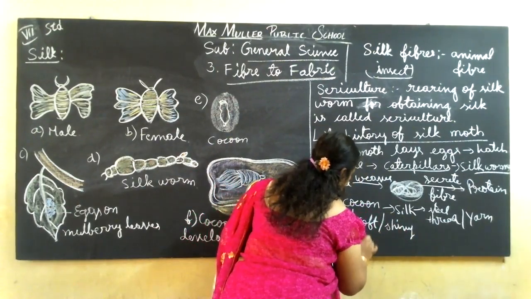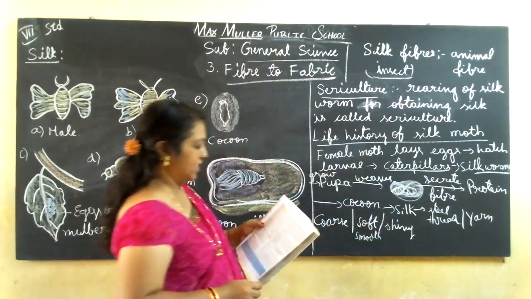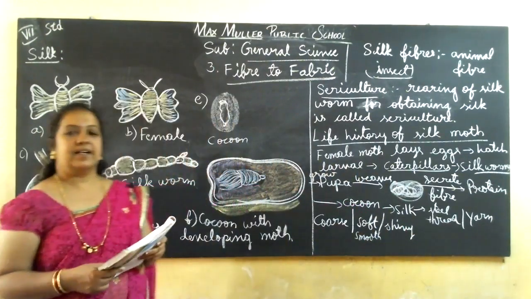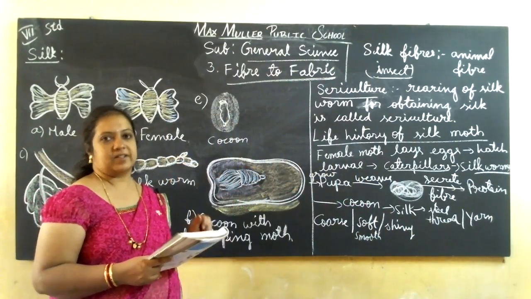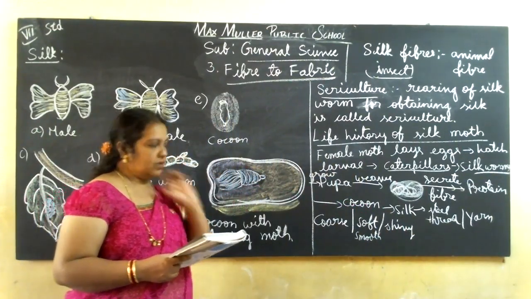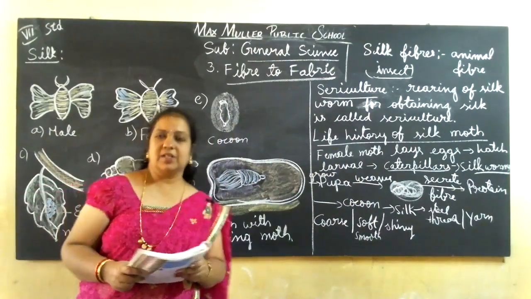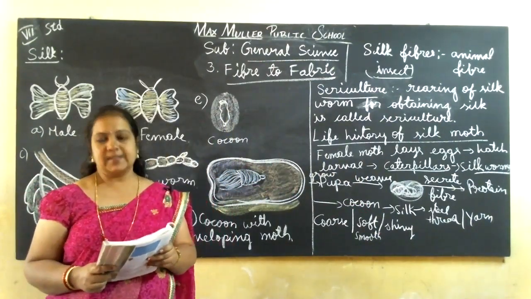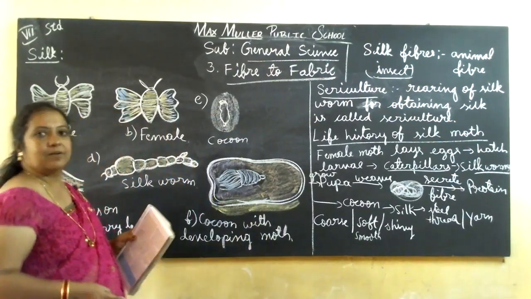Soft or smooth, both are the same. So they are yielding different quality of threads, yarns. There are different types of silk fibers, like tussar silk, muga silk, kosa silk, etc.